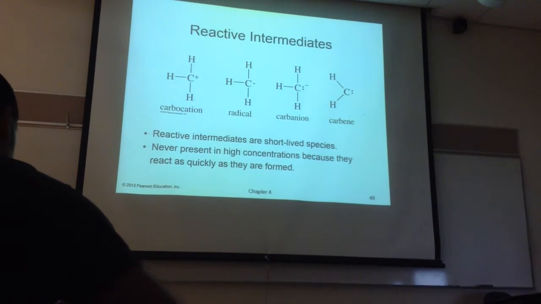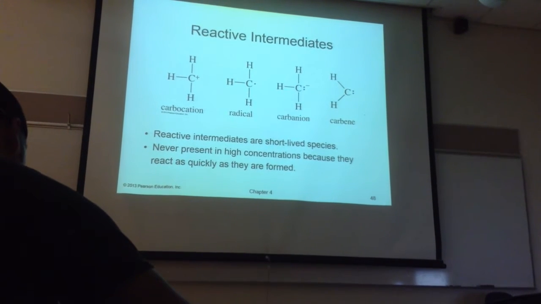Radical is just having the odd electron. Reactive intermediates, these are all intermediates. We're going to see them all through the whole entire year. So every time we get to another chapter, we'll be introducing them differently.